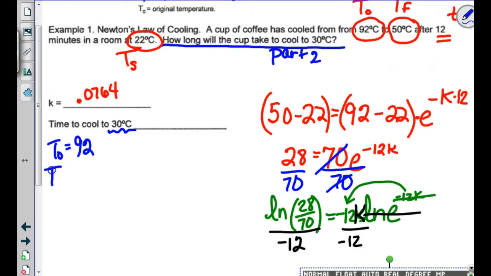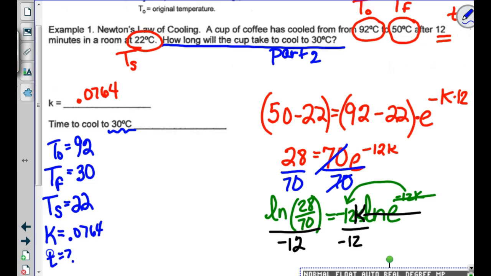And our final temperature, what do we want it to get down to for this problem now, for part 2 of this? 30 degrees. Okay. What else are we talking about? The surroundings have not changed, so the surroundings are still 22. All right, but this time we're putting in k is 0.0764, and we're looking for t.